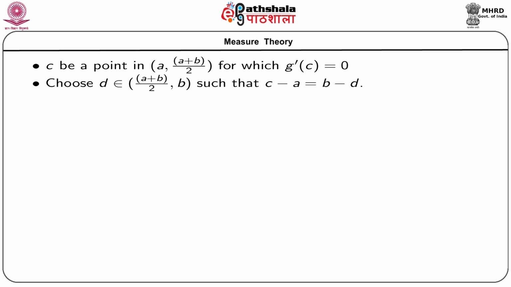Choose a point D belonging to the open interval ((a+b)/2, b) such that the difference C minus a is equal to b minus D. And we have (C minus a) whole squared sin 1 by (C minus a) is equal to minus (D minus b) whole squared sin 1 by (D minus b).